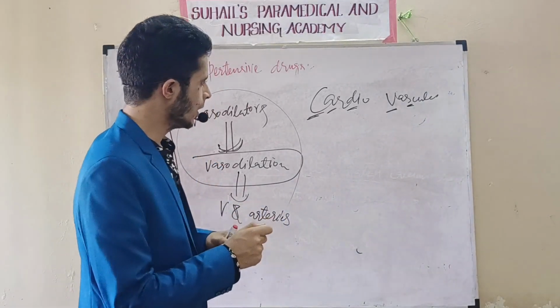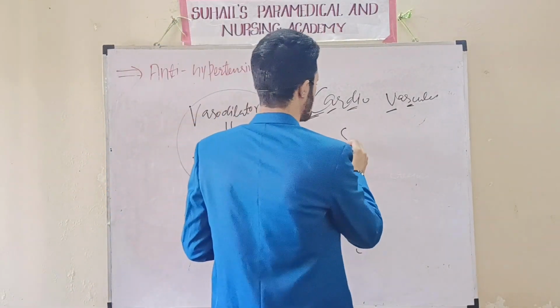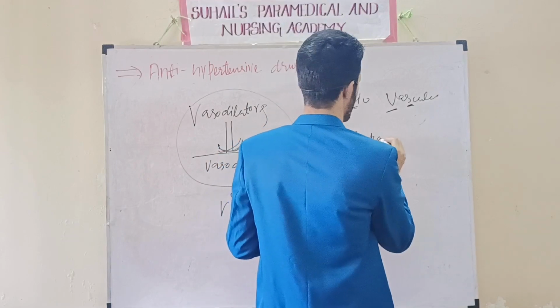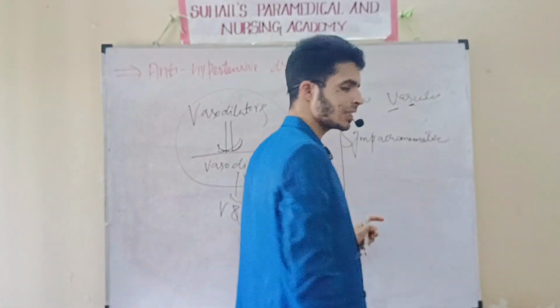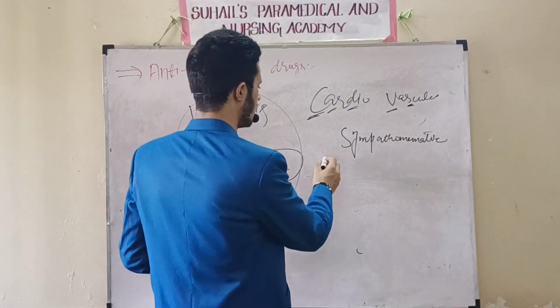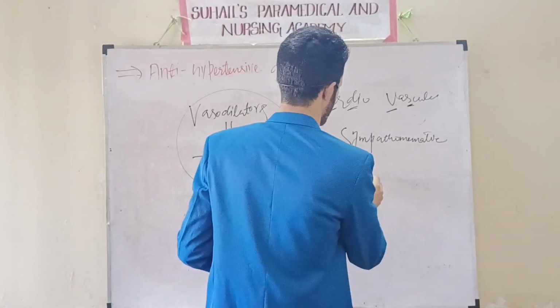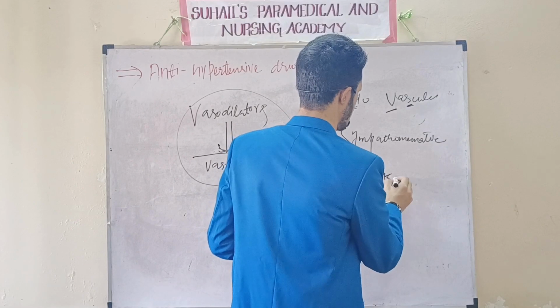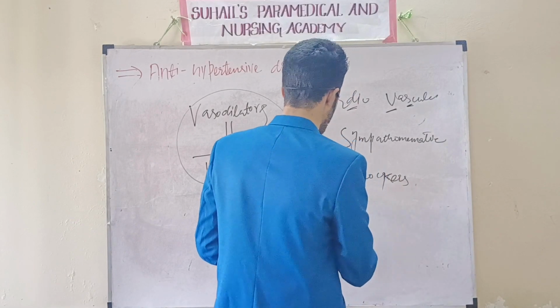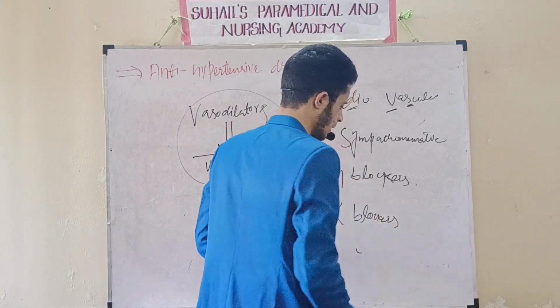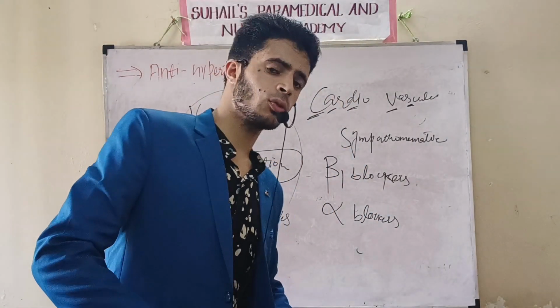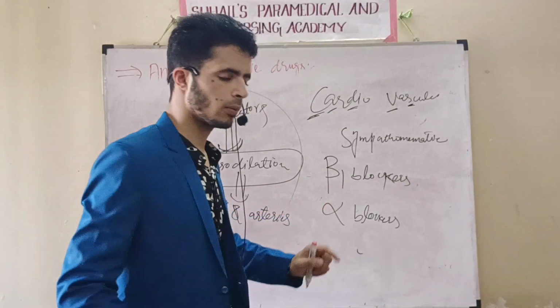Okay. Now another classification is sympathomimetic. In case of sympathomimetic, remember there are beta 1 blockers, another are alpha blockers, and there is a third classification also, which are both beta 1 and alpha blockers.